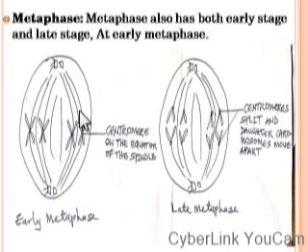Equator means equal distance. These are the chromosomes. They pair and arrange themselves at the equator of the spindle. This is a spindle, this is another spindle, this is another spindle.